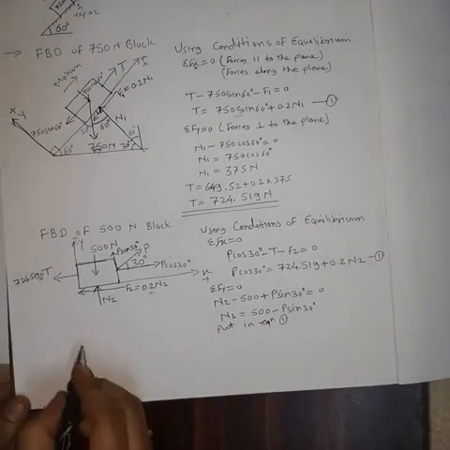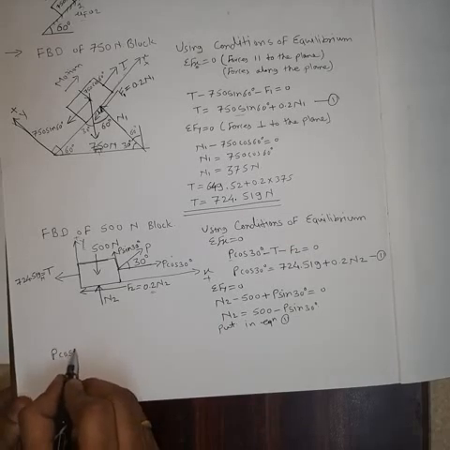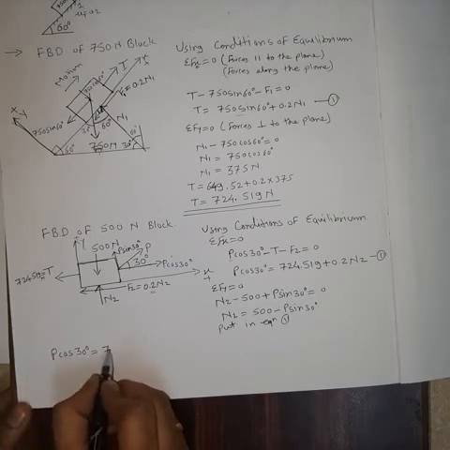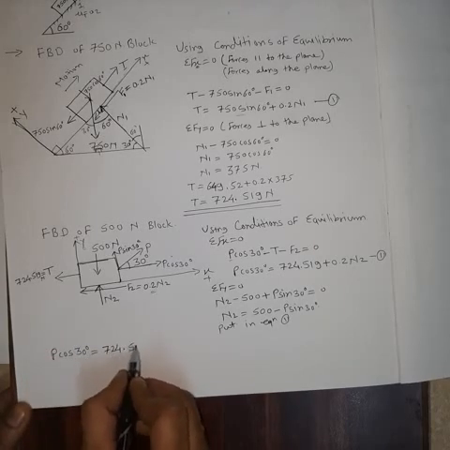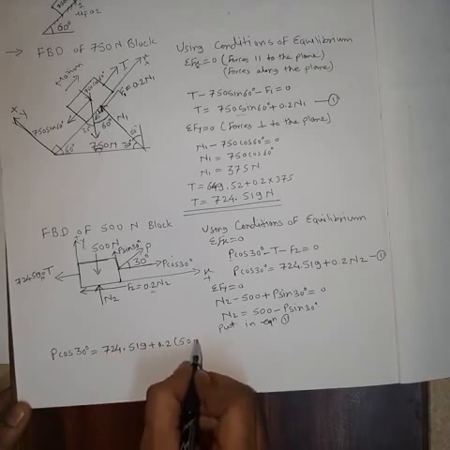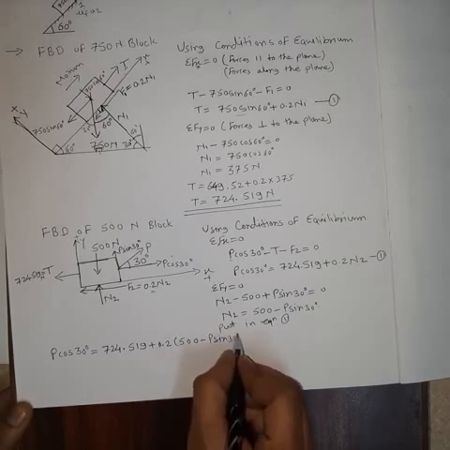So I am solving that equation here. P cos 30 degrees is equal to 724.519 plus 0.2 times (500 minus P sine 30 degree).